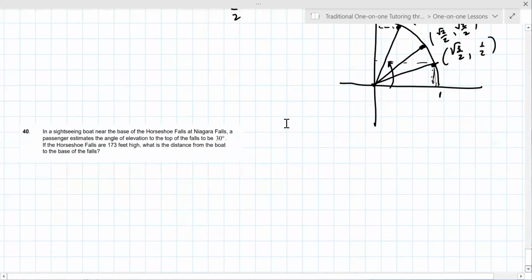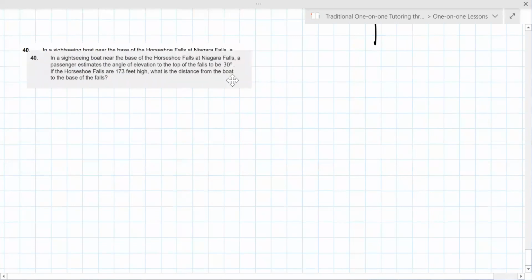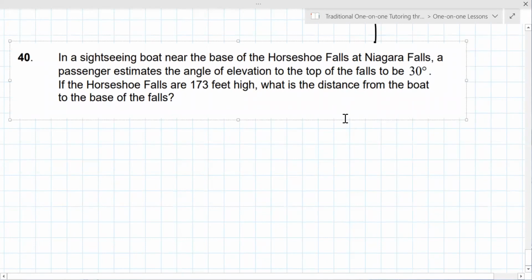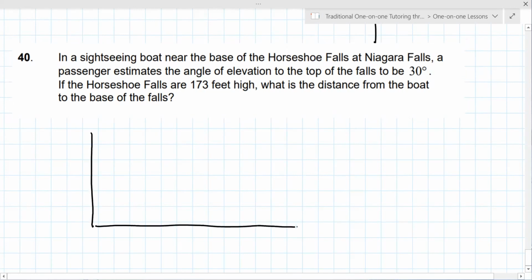In a sightseeing boat near the base of the Horseshoe Falls at Niagara Falls, a passenger estimates the angle of elevation to the top of the falls to be 30 degrees. So where is that angle in this picture? It's that bottom right angle.